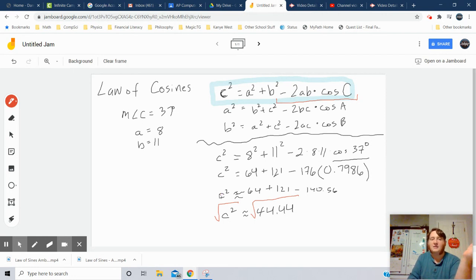So I'm expecting C to be a decimal somewhere in the vicinity of 6 point something, closer to 7. And if I do the square root, you should get about 6.67, and that would be the third length that we didn't know.